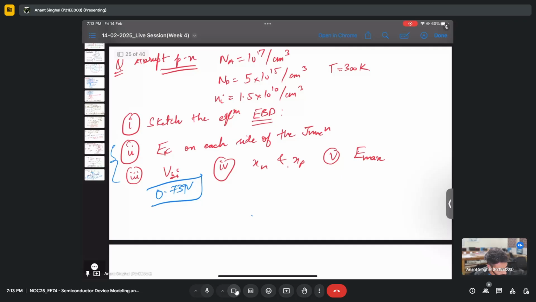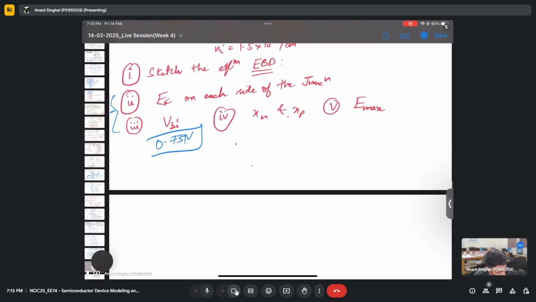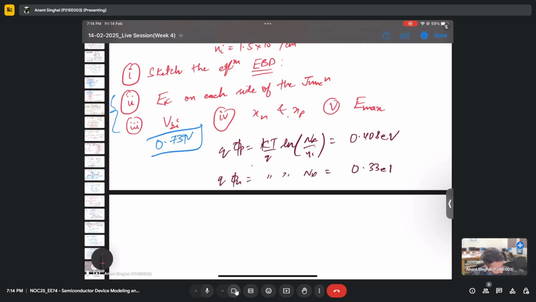If you do it, it will come out to be 0.408 electron volts. Similarly, q phi n, with Nd, will come out to be 0.33 electron volt. And VBI, either you can write phi p plus phi n, or you can use the direct formula, so it will come out to be 0.739 electron volt.